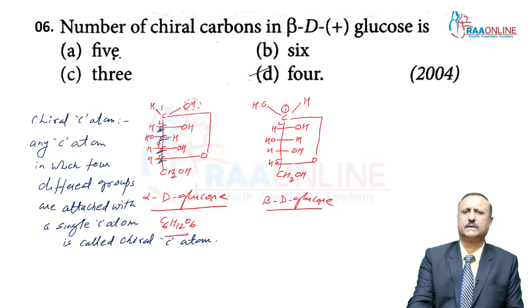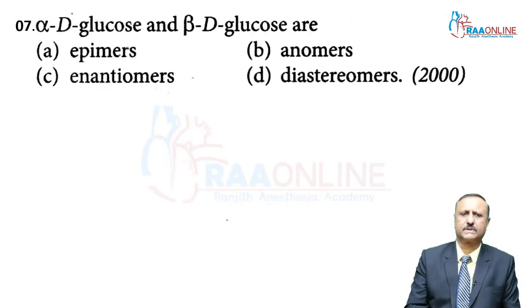So the answer is 4, because this question asks for chiral carbon atoms, and the chiral carbon atoms present in alpha D equal 4, and when the question is asked for beta D, it is also 4.